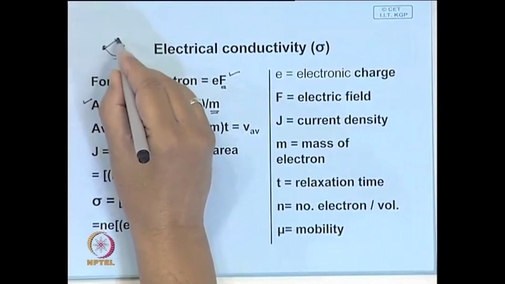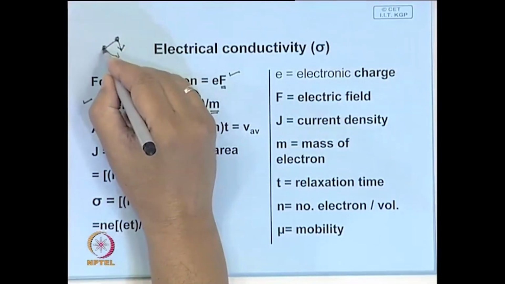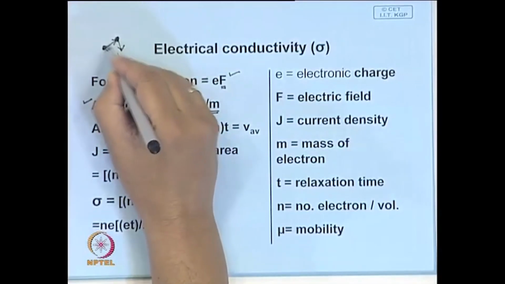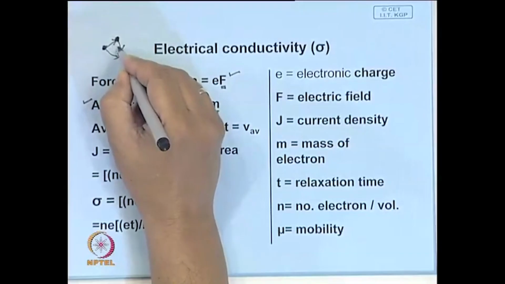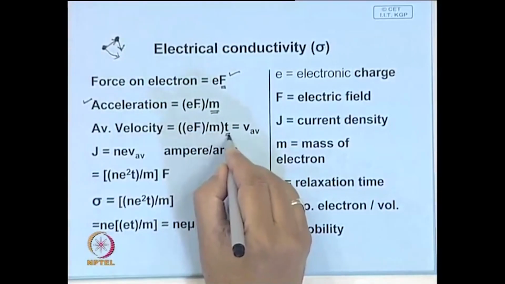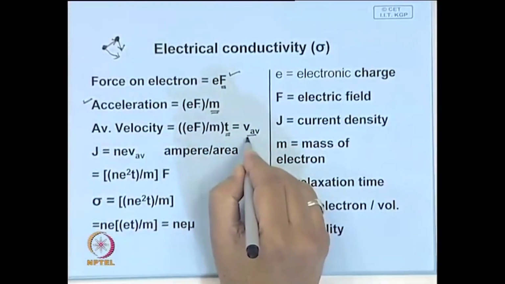So, basically what we can say is, what is the relaxation time, or the time between an electron hitting an obstruction. If we say that this time is t, then we multiply acceleration by time, we get average velocity.